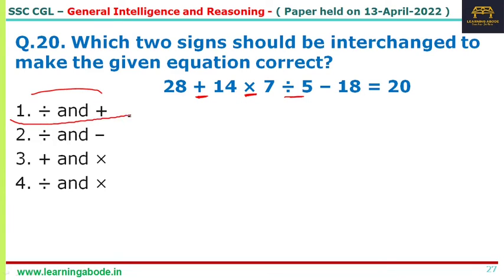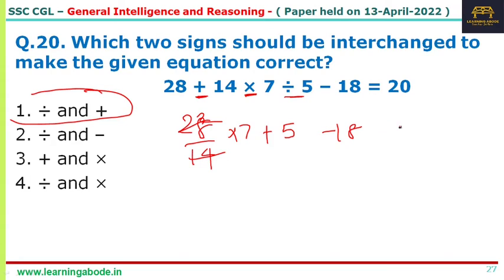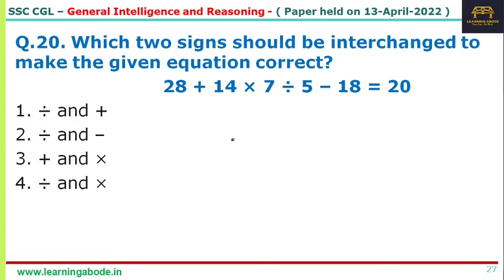So let me take the first option, let me try it out. So 28 divided by 14 into 7 plus 5 minus 18. Now this doesn't work out, you don't get 20 on the right hand side. Okay, so answer option 1 is ruled out.